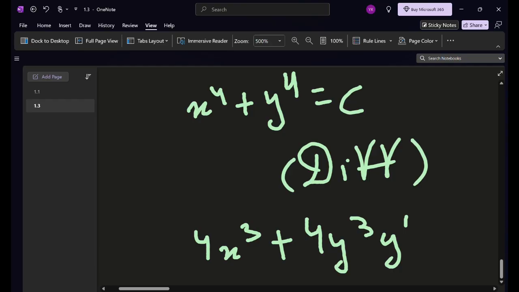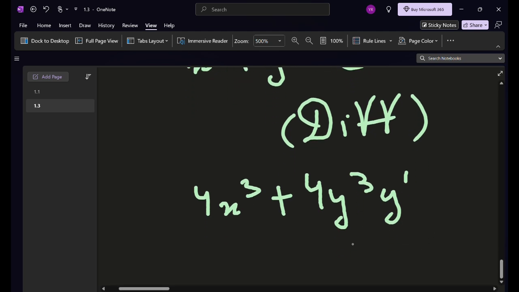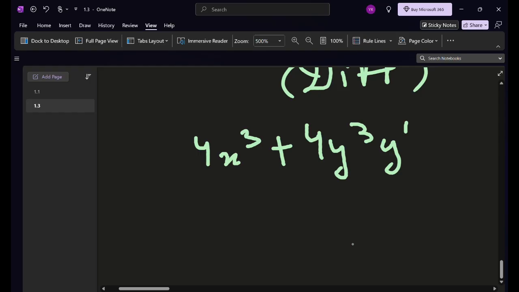Here the y is basically the dependent variable. So whenever we differentiate the dependent variable, or well y in this case, we are also gonna write this y dash term. We do not write it for x, but we need to write it for y. Okay, so 4x cube plus 4y cube y dash is equal to 0, not c, sorry, 0.